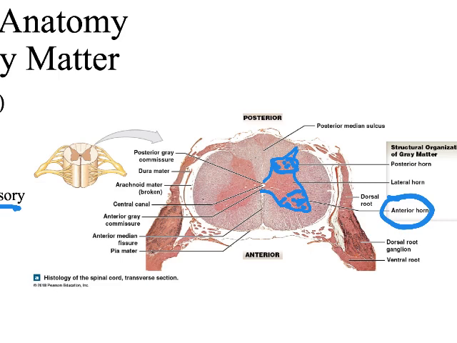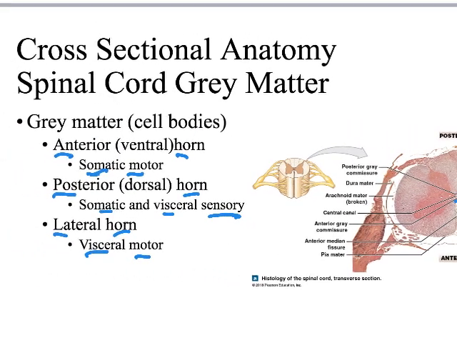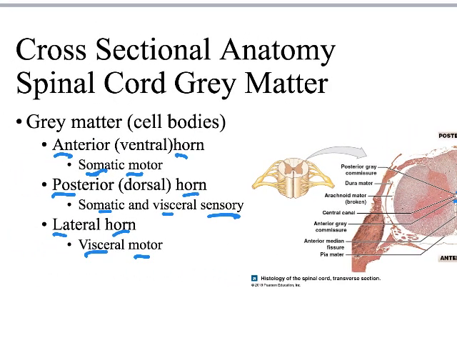And then the lateral horn is the part that's in between, and that's where your involuntary or visceral motor cell bodies are that control the motor commands that tell your glands when to secrete, for example, or tell your intestines when to contract and mix food and things like that.